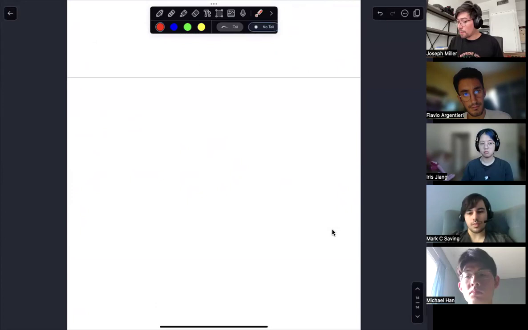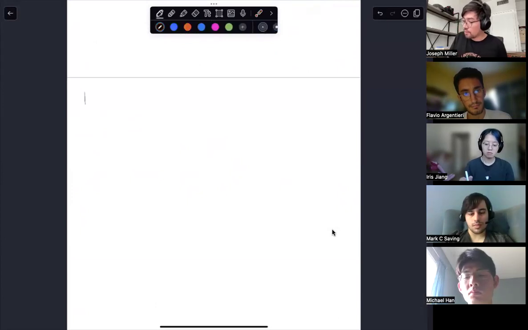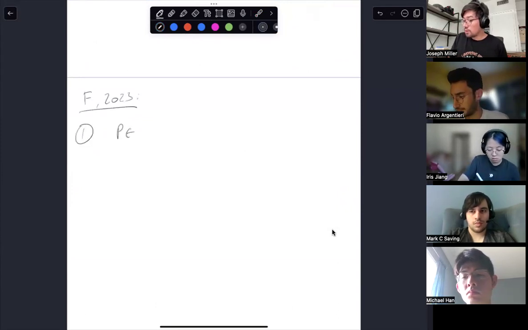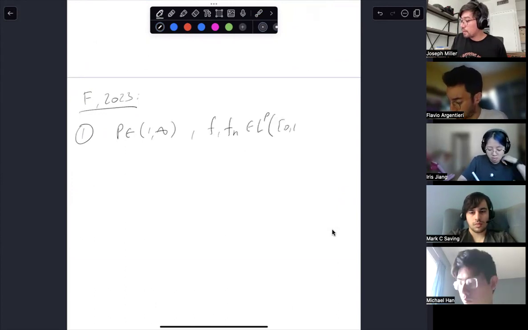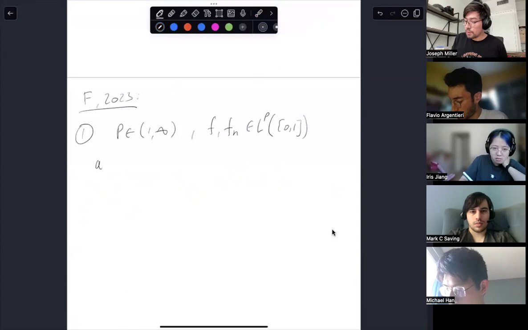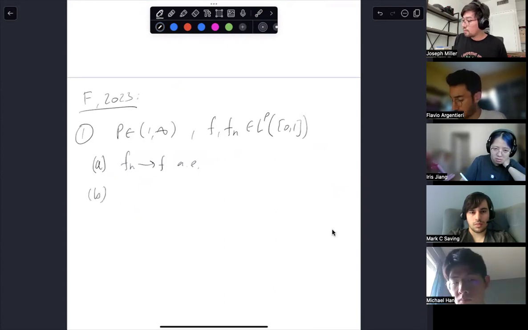Okay, let's do one more. So this is the first problem of last year's exam, which I thought was kind of cute. So I look at a p between 1 and infinity, and I take an f and a sequence fn, which is in LP. And I assume that fn converges to f almost everywhere, and the norm of fn is less than or equal to M for all n.